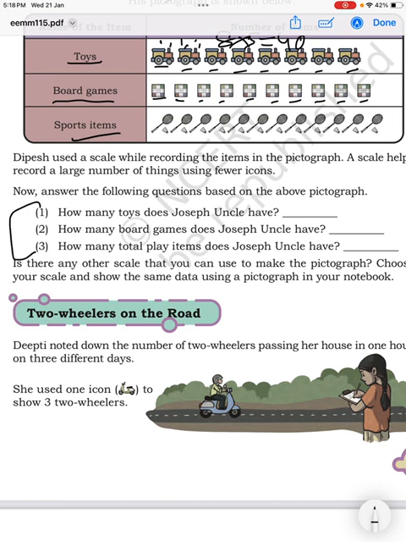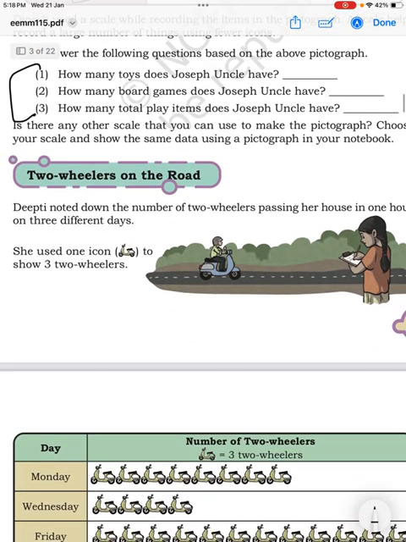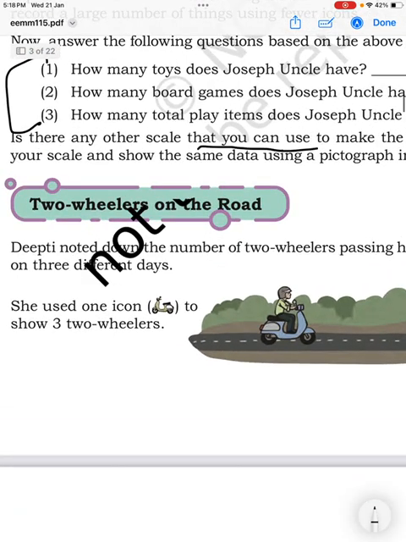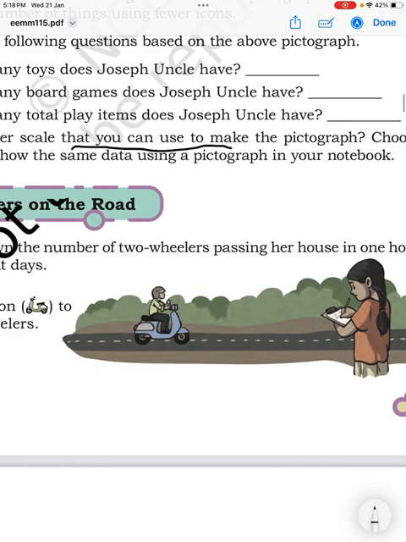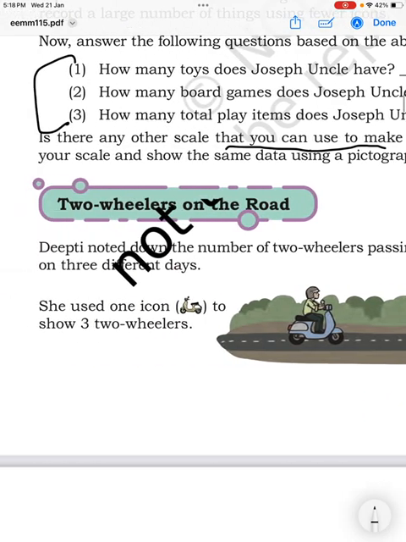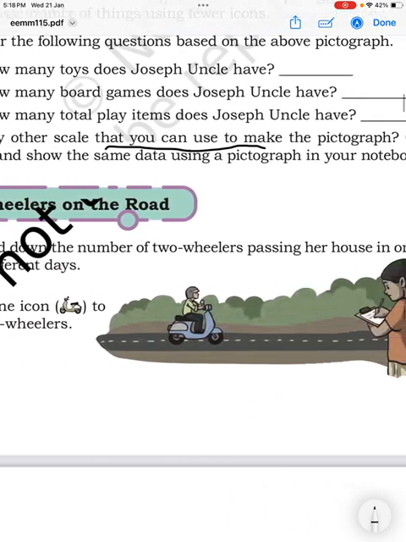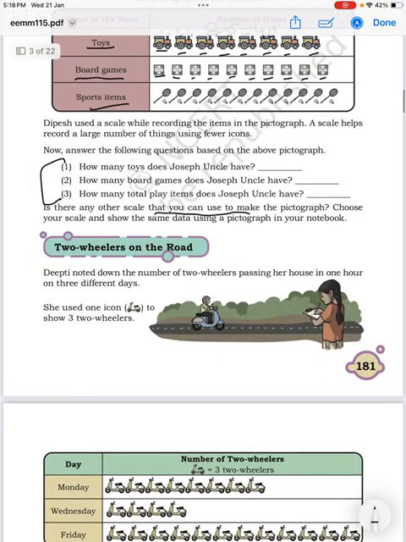By this you will fill the blanks: how many toys, how many board games, how many play items are there. Is there any other scale that you can use to make the pictograph? Choose your scale and show the same data. Instead of this there are many other ways you can show toys.